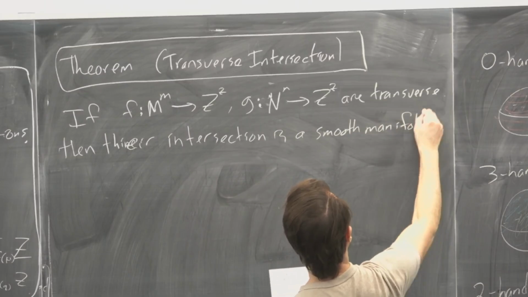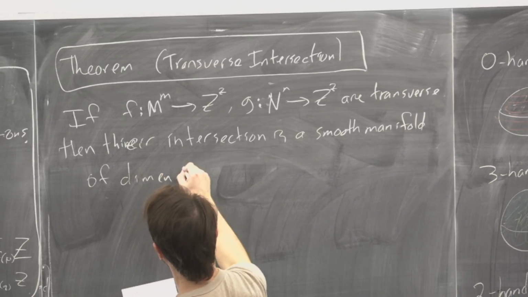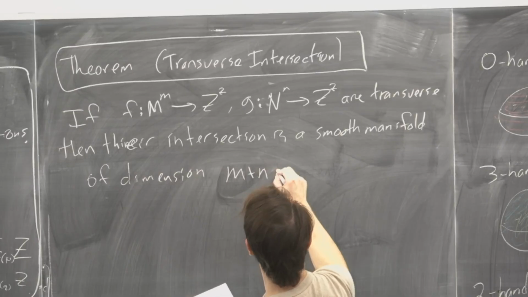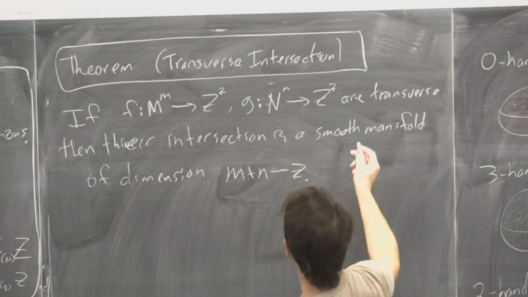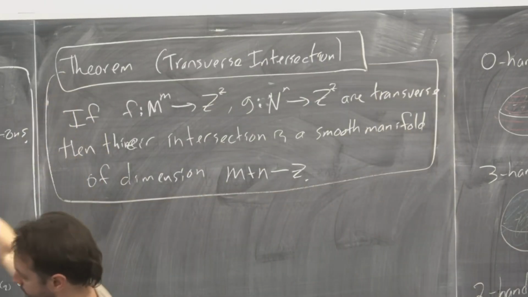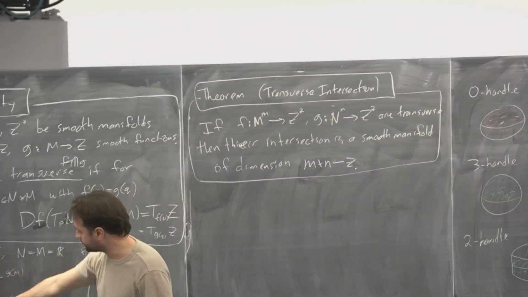The dimension is the sum of the dimensions you start with, minus the ambient dimension. So in this case, 1 plus 1 minus 2 is 0. These things are intersecting in a point.